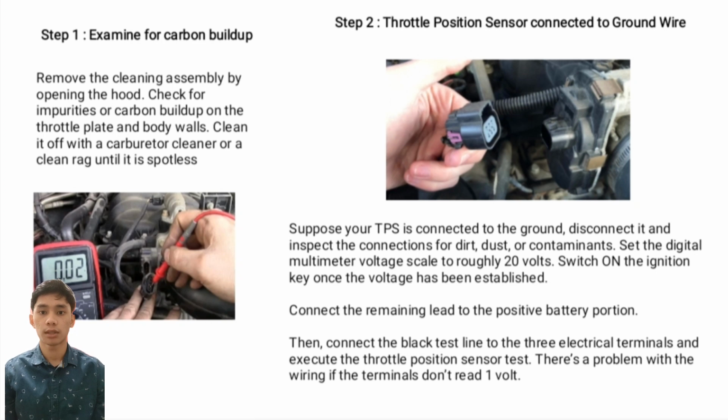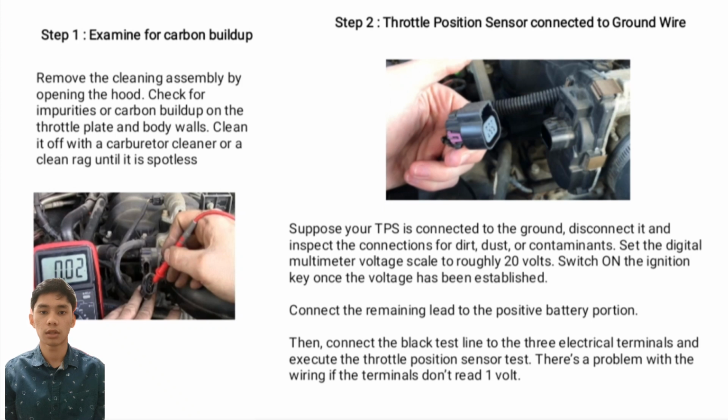Step 2, throttle position sensor, connect to ground wire. Suppose your TPS is connected to the ground, disconnect it and inspect the connection for dirt, dust or contamination. Set the digital multimeter voltage scale to 20 volt.